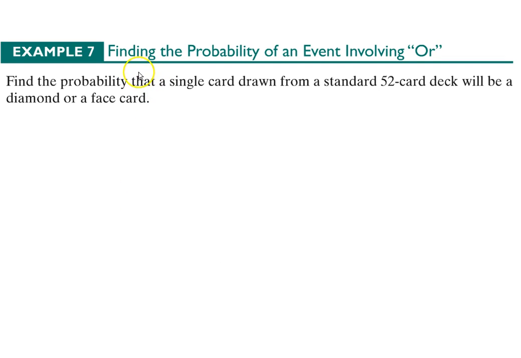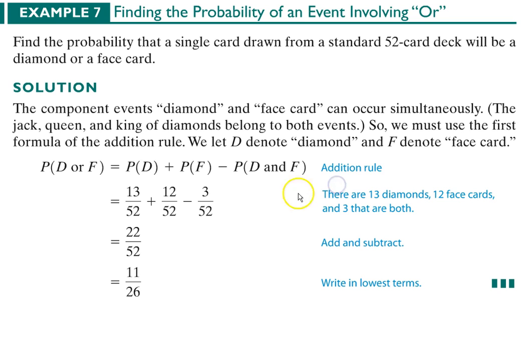Now, in example 7, find the probability that a single card drawn from a standard 52-card deck will be a diamond or a face card. Now remember, there are 13 diamonds out of 52 and 12 face cards out of 52, as we see here.